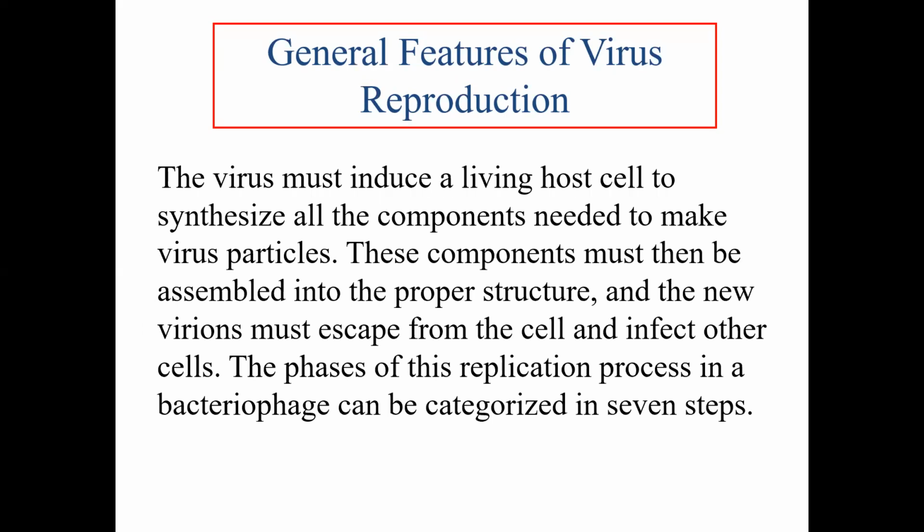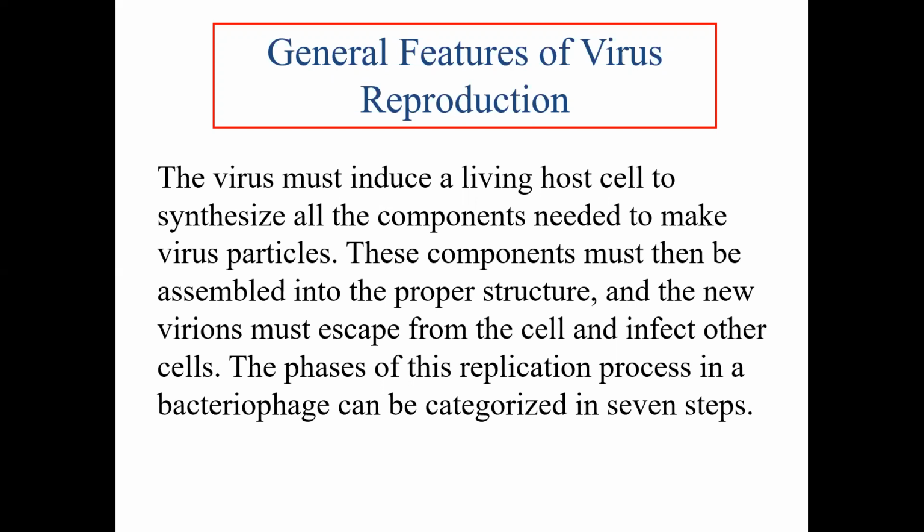A virus must induce a living host cell to synthesize all of the components needed to make virus particles. These components must then be assembled into their proper structures to create new viruses or virions, and then the virus must be able to escape from the cell and infect other cells.